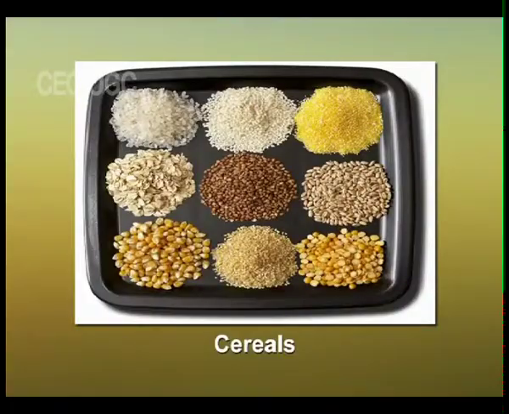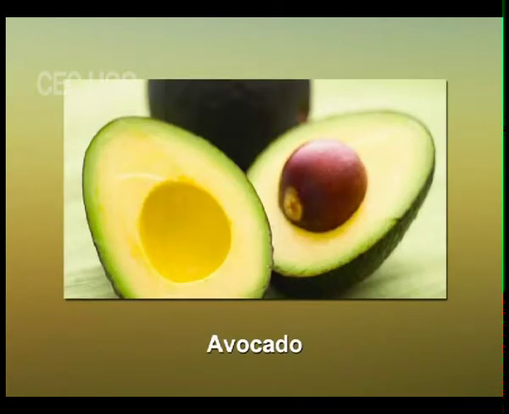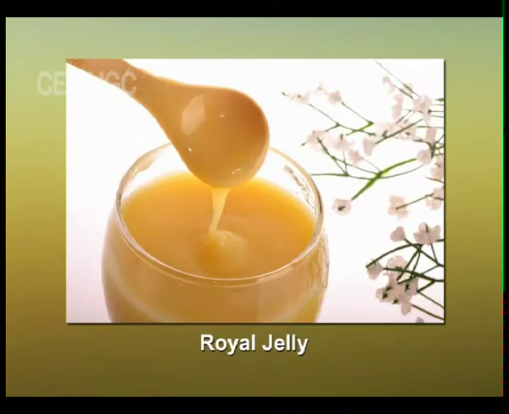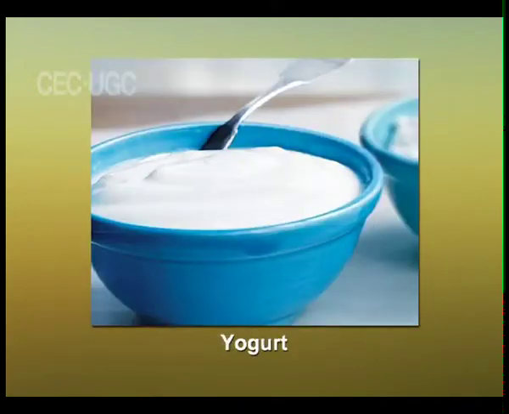This vitamin is present in highest concentration in whole grain cereals, legumes, avocado, eggs, royal jelly, molasses, and yogurt. The recommended daily requirement of pantothenic acid is 6 to 10 milligrams per day.